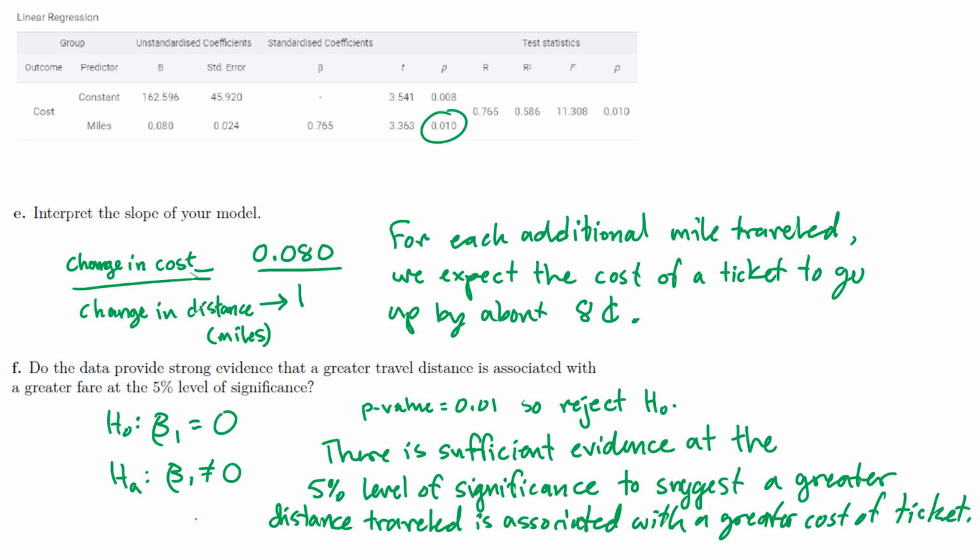All right, that's what it means to have a positive slope: as the x value, in this case miles, increases, so does the cost, which is the y value.